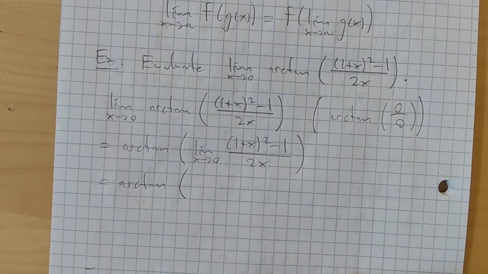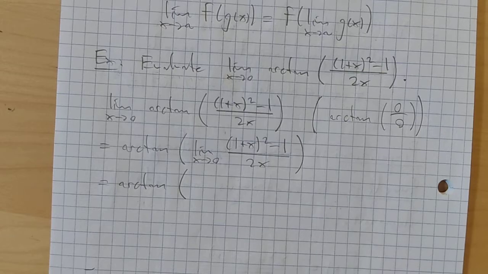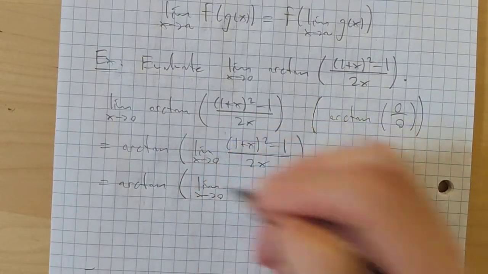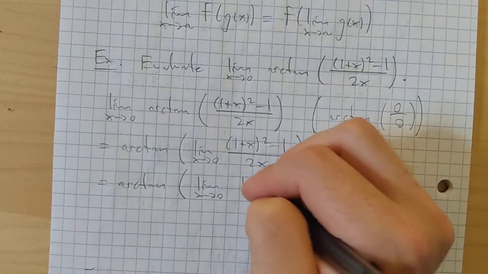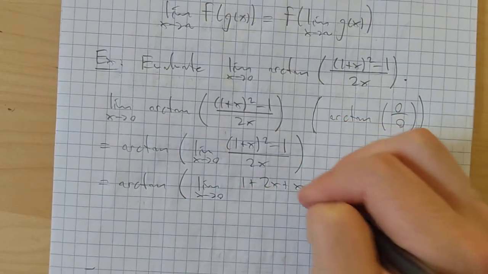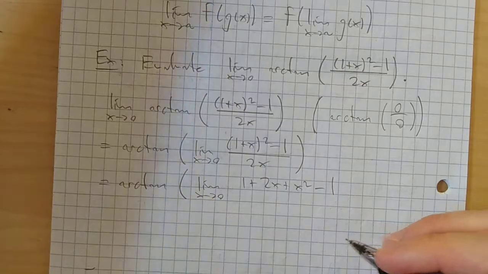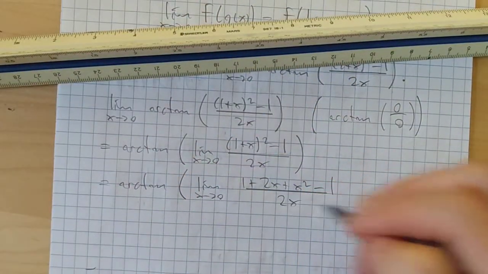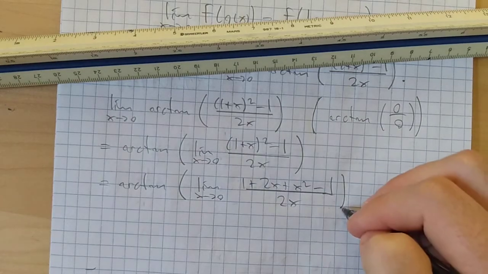You could also factor the top as a difference of squares. That would work too. But I'm just going to blow everything up here. 1 plus 2x plus x squared minus 1 on top. And I've got this 2x here at the bottom.